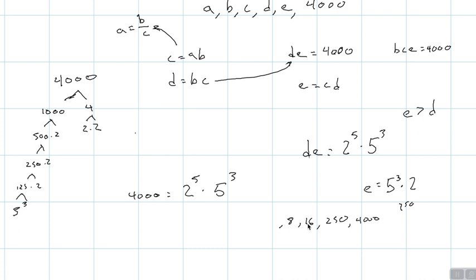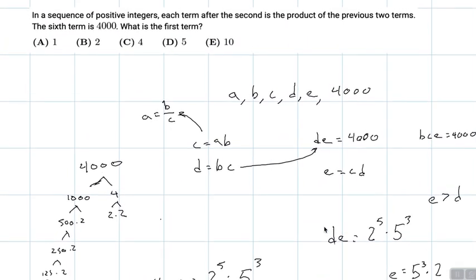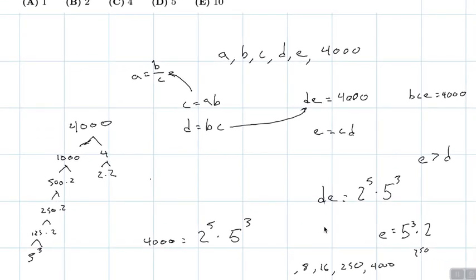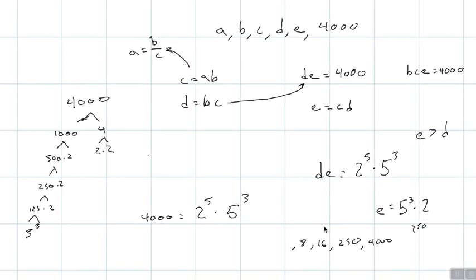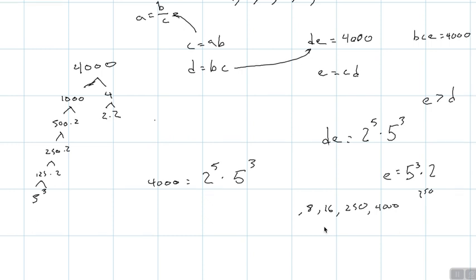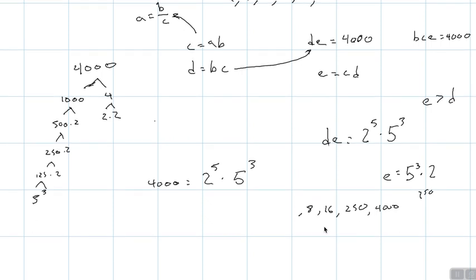The thing is that 8 times 16 is not 250. Thinking about this in a smarter way. Okay, DE is equal to 2 to the 5th times 5 to the 3rd.